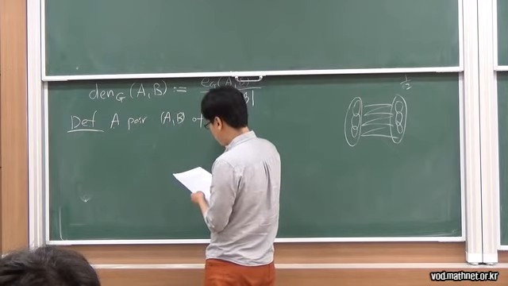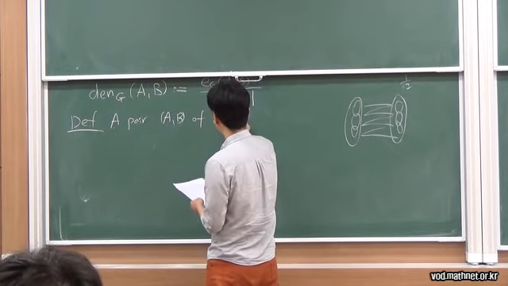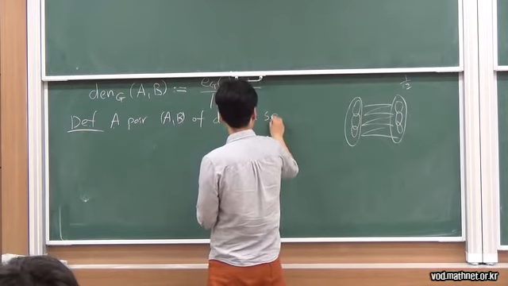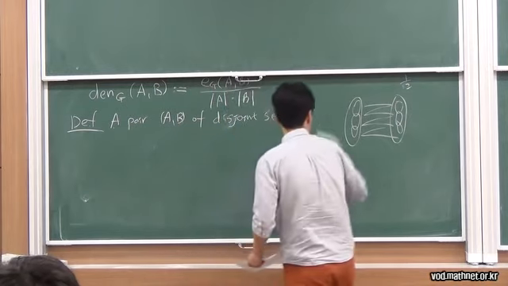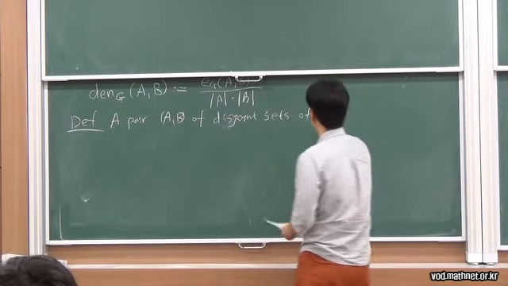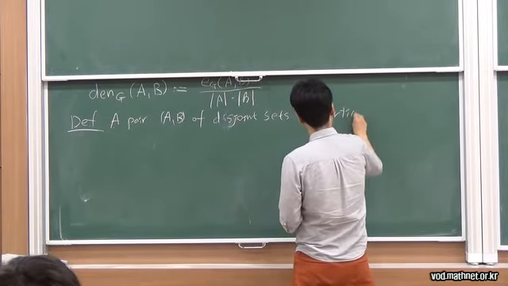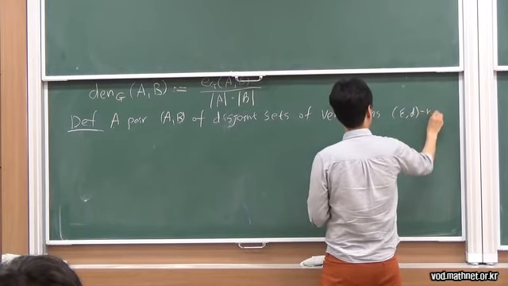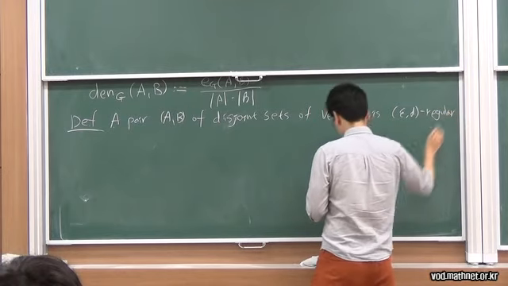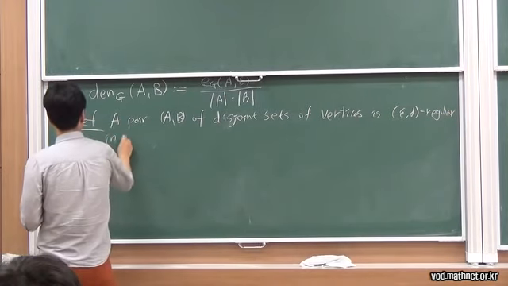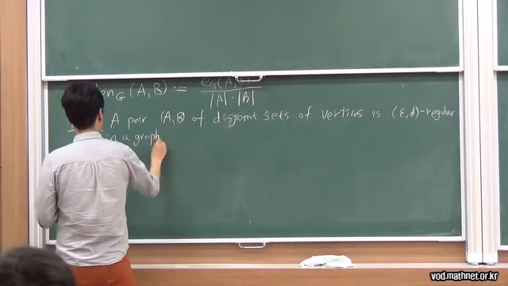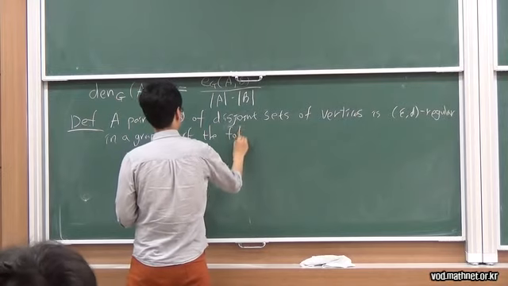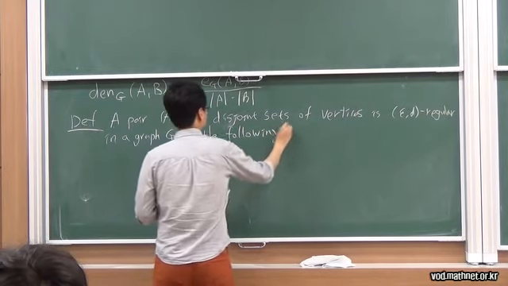We say the pair A, B, a pair of disjoint sets of vertices, is epsilon-D regular in a graph G if the following holds.